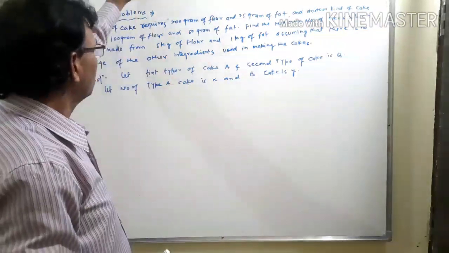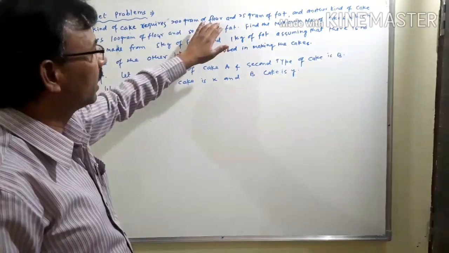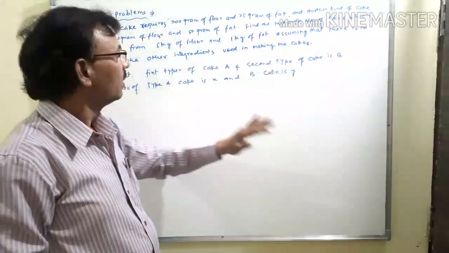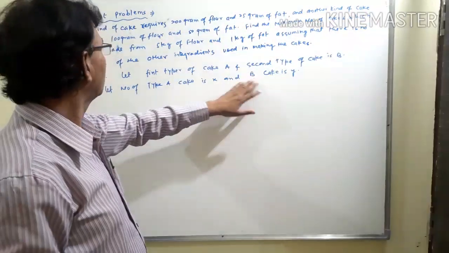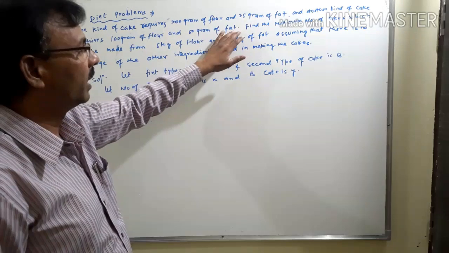Since A cake requires 200 gram of flour and 25 gram of fat, while B type of cake requires 100 gram of flour and 50 gram of fat.